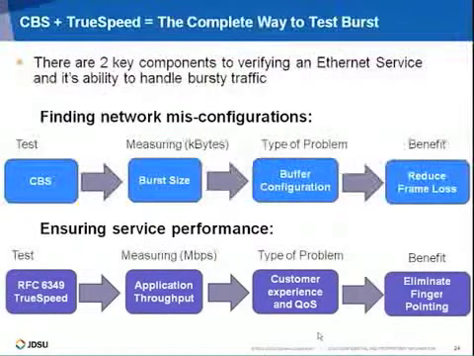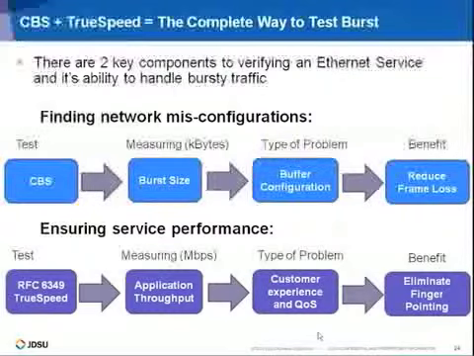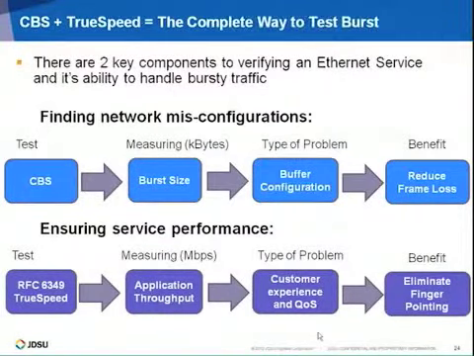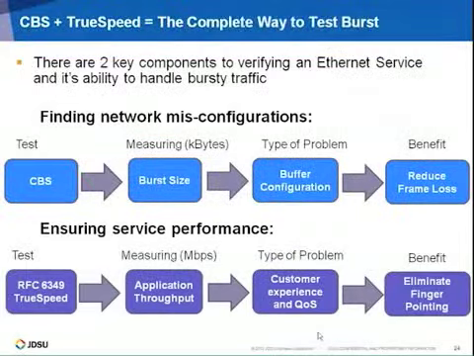Because what I want to point out to you is that just because a CBS test passes doesn't necessarily mean that the customer or application throughput is going to be good and that it will reach 100%. So in the demonstration that we showed you earlier, the network passed a 64 kbyte CBS test with flying colors. There were no issues. But how do you know that a 64 kbyte buffer size or burst capability is actually sufficient to provide 100% throughput for your customer applications? There is no direct correlation.